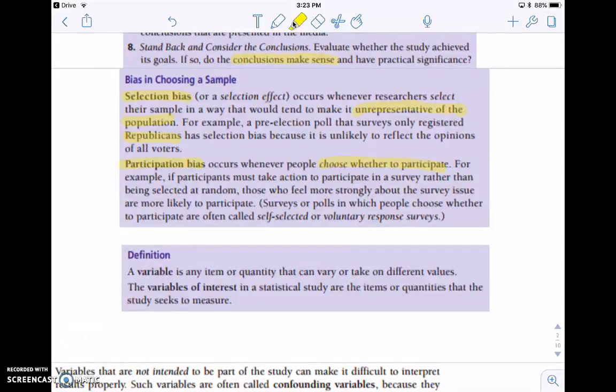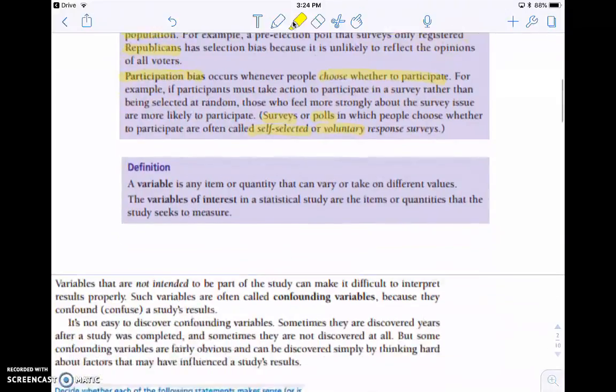So those who are very passionate are likely going to choose to participate. And so when you look at surveys or polls in which people choose whether to participate, they're often called self-selected or voluntary response surveys. So when you see those, keep in mind that you may have some participation bias.